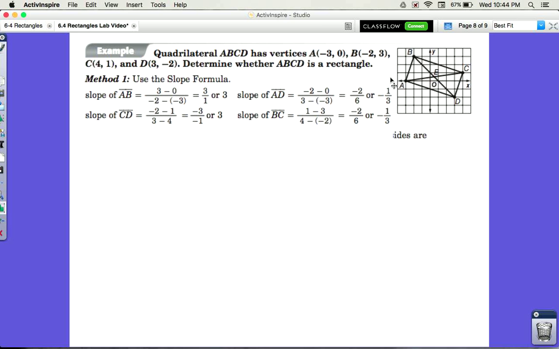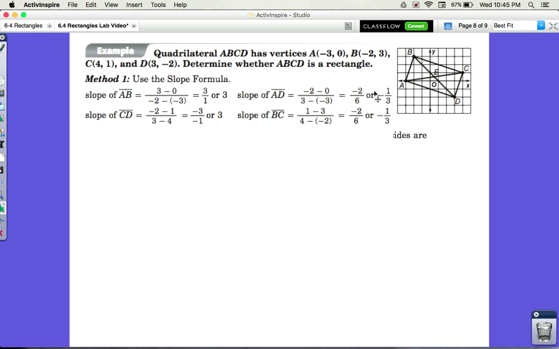Now that I have all these slopes found, I can start looking at how these slopes are related to each other. I need to see how AB's slope is related to AD's slope, because if this is a right angle, that means that these two lines are perpendicular.